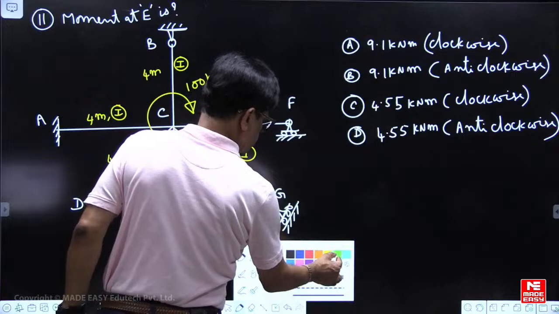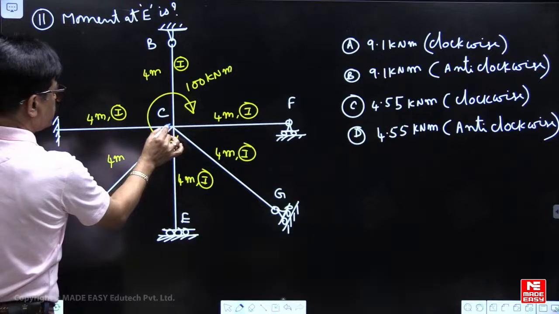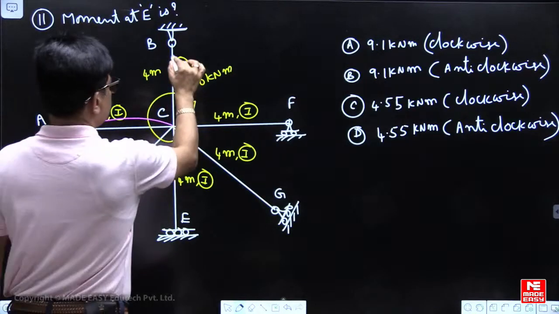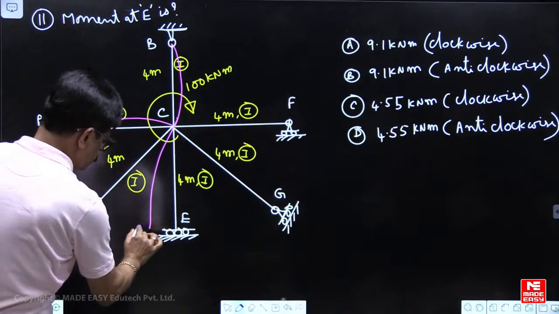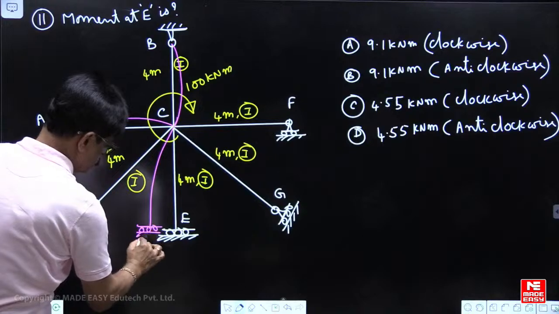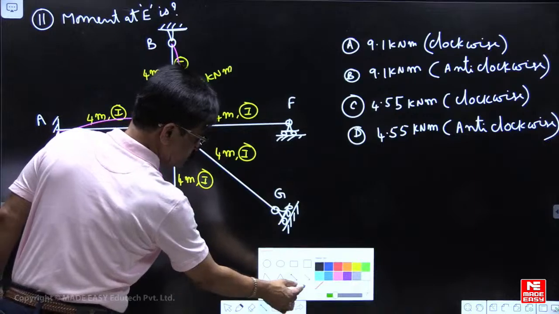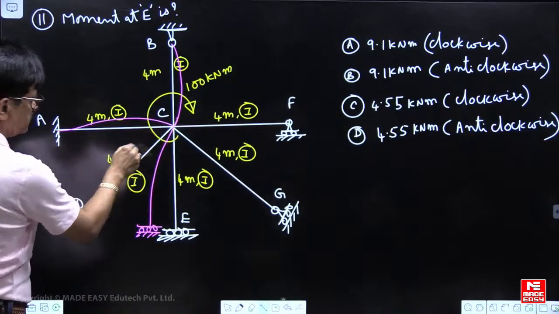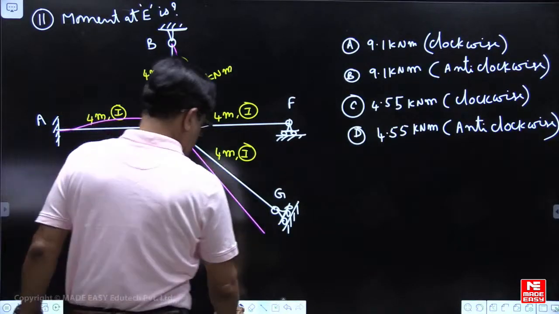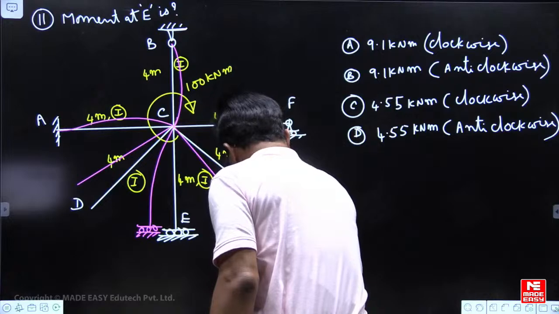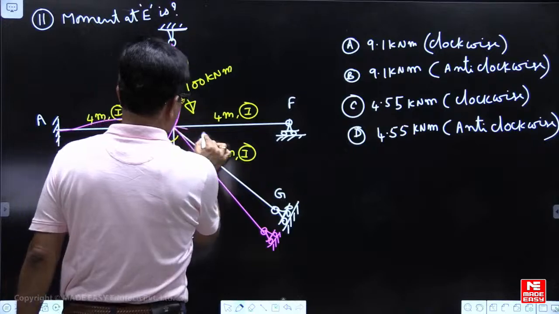If you draw the deflected profile because of this moment, for this profile we know I by L. This is the deflection profile. This one will take straight line. This also takes straight line. This will go like this.